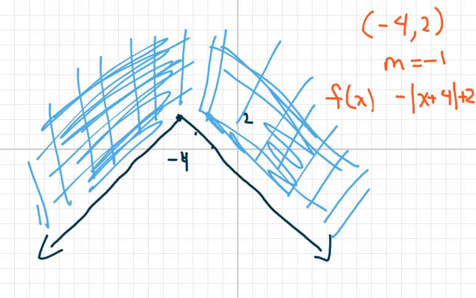And we're shading on top. Since we're shading above the graph, that means our inequality is greater than or equal to. And it can equal it because the graph itself is solid. This is a solid line right here. All right?